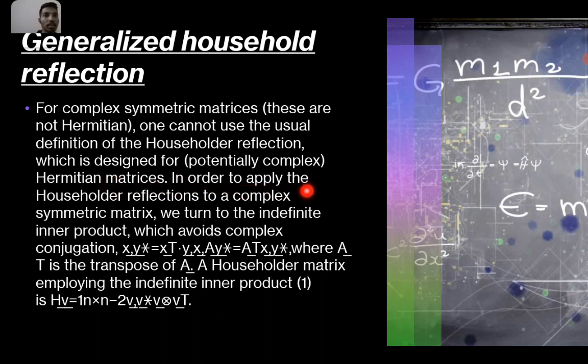In order to apply the Householder reflections to a complex symmetric matrix, we turn to the indefinite inner product, which avoids complex conjugation: <x, y>* equal to x transpose y, and <x, Ay>* equal to A transpose x, y. The Householder matrix employing the indefinite inner product is H_v equal to the n by n identity matrix minus 2 over <v, v>* times v v transpose.